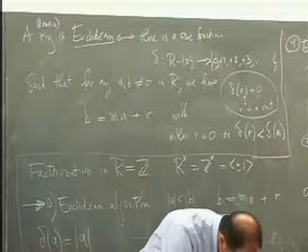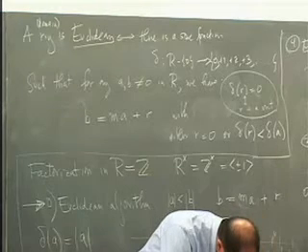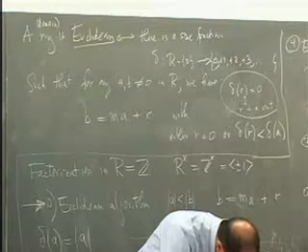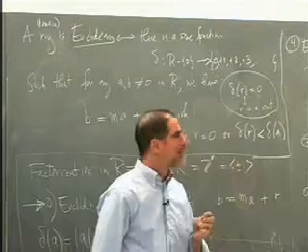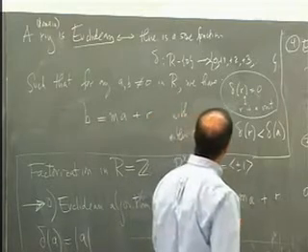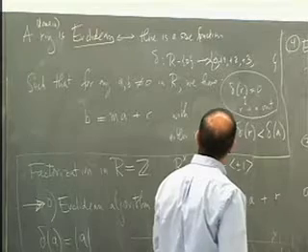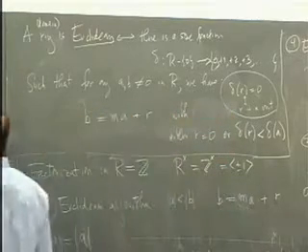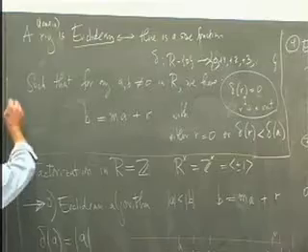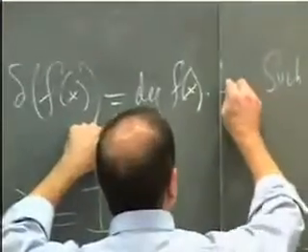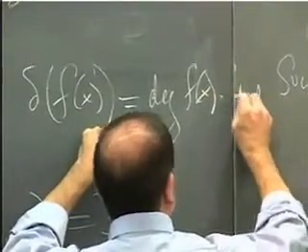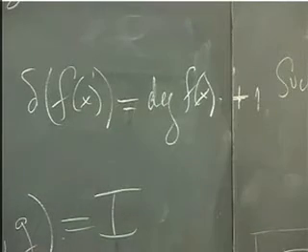The degree of f, you add 1 to the degree of f. Yeah, maybe I should add 1 to the degree of f. Degree of f plus 1. That's better. I think that'll do it. I don't want 0 to be in here. There we go. Delta r is equal to 1.